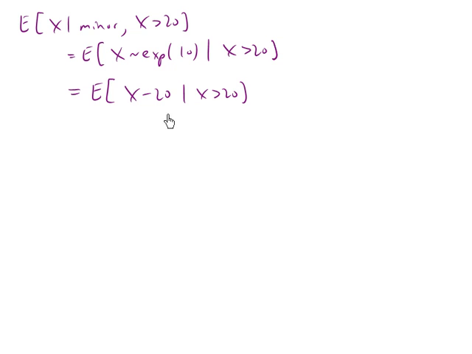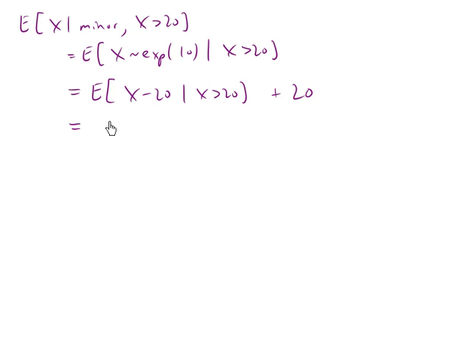That, x minus 20 given that x is greater than 20, has the same distribution as x. So I understand that part. But I wanted the expected value of x, not the expected value of x minus 20. I can't just replace x by x minus 20 unless I also add 20 back on, and the expected value of 20 is just 20 because it's a constant.